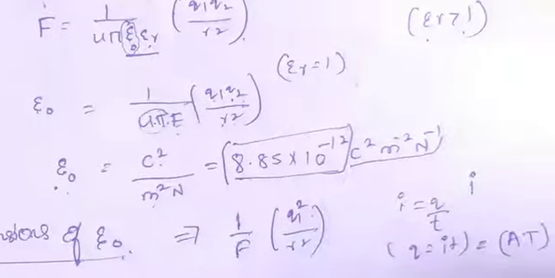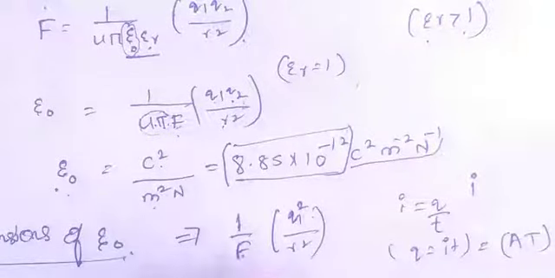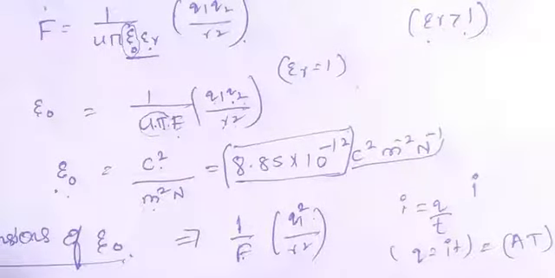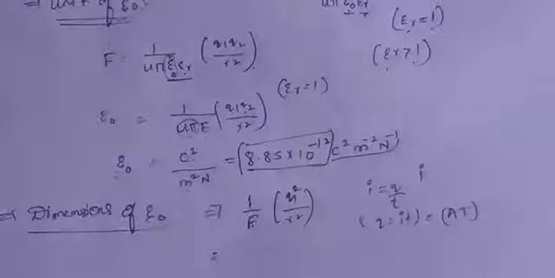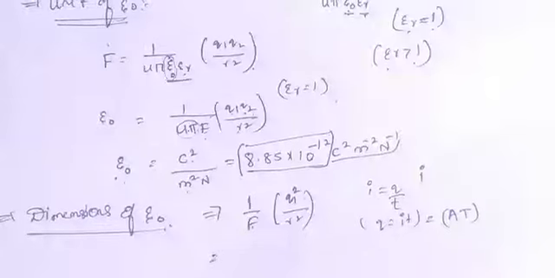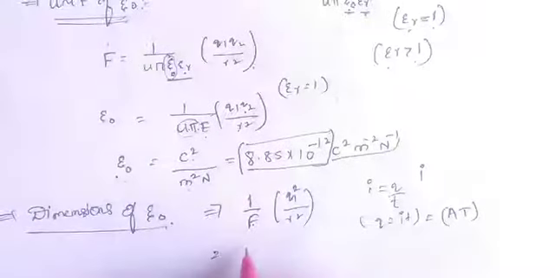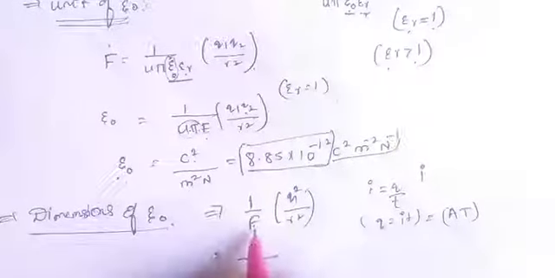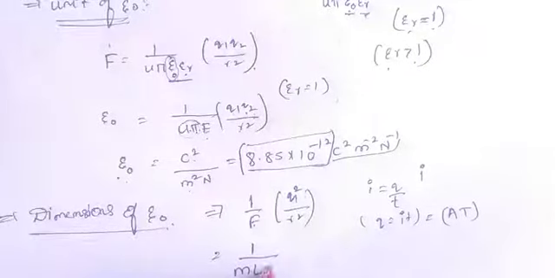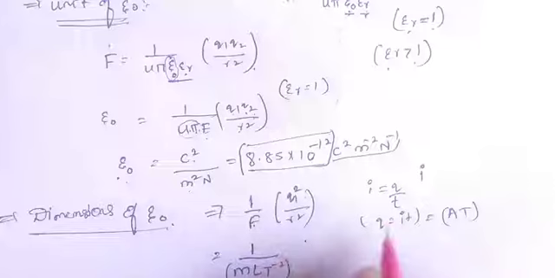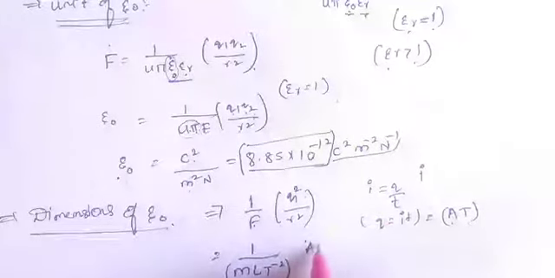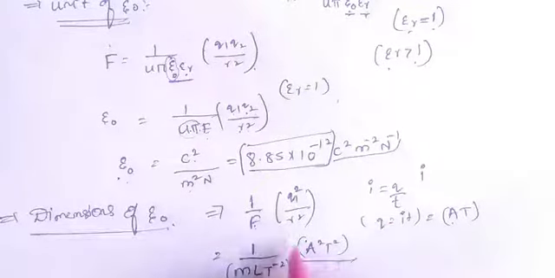So substitute here. 1 by F means what? 1 by F means M L T power minus 2, and q square means what? A into T, so A square T square, and r square means meter square, so that is L square.